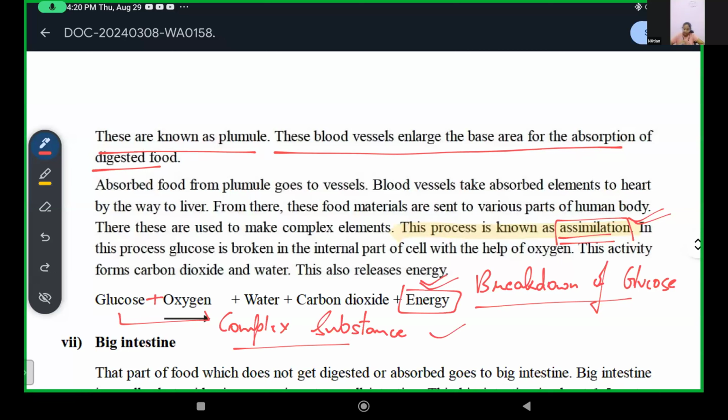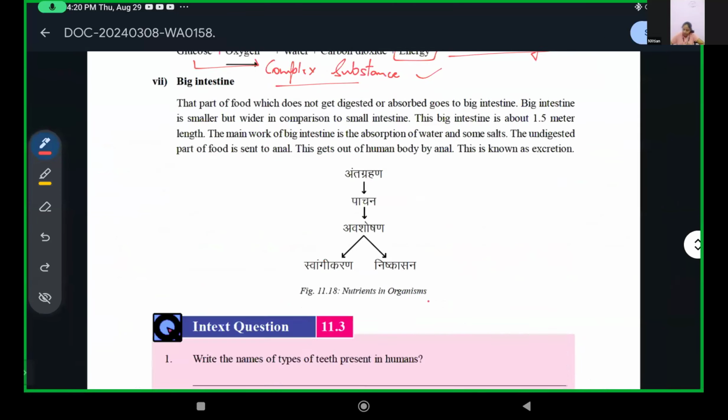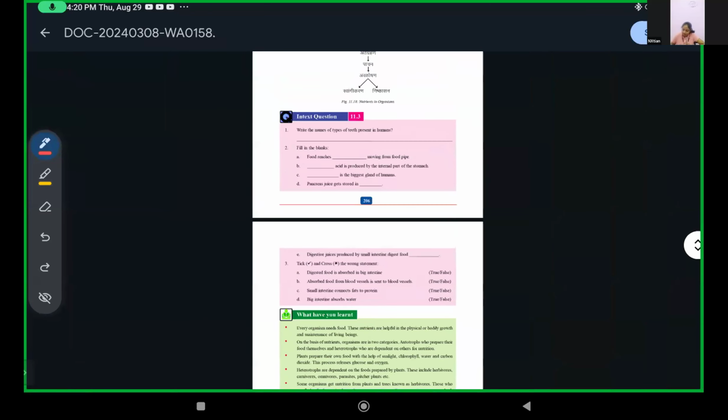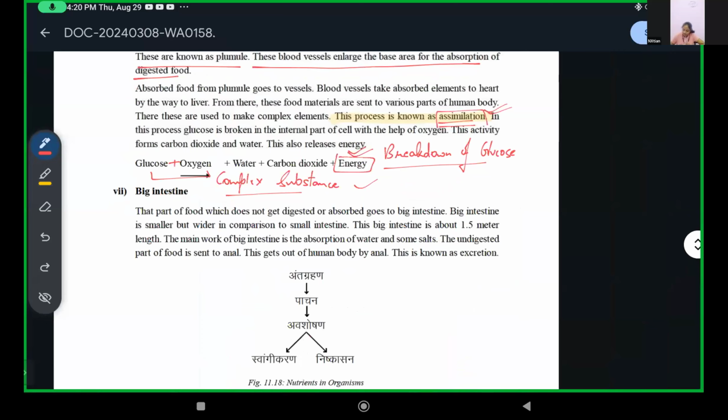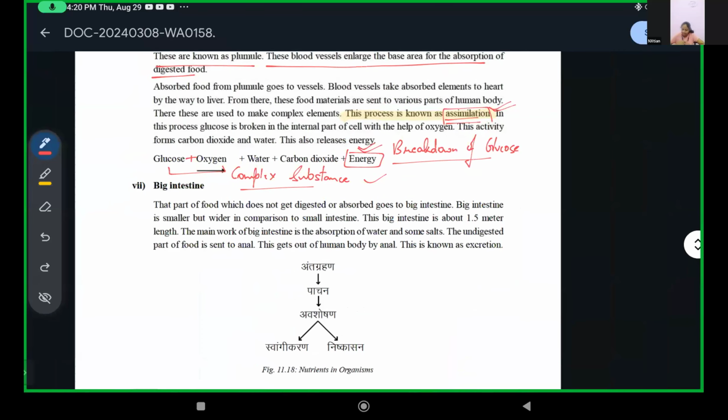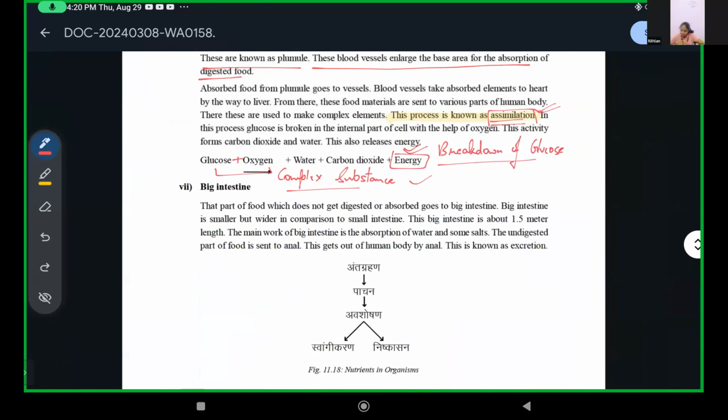All right, then we have the big intestine. Is that done in the liver? Like the glucose plus the oxygen, the assimilation process.